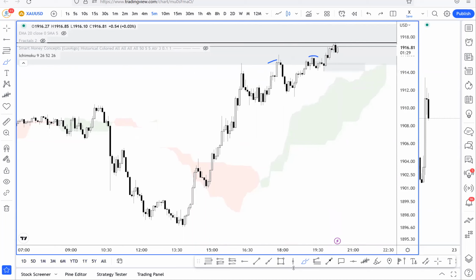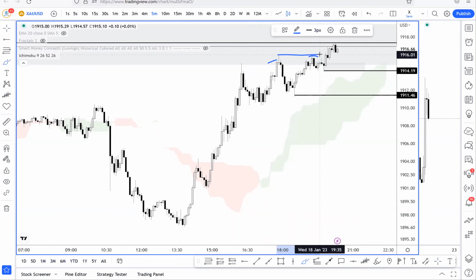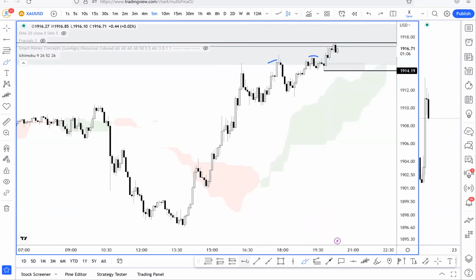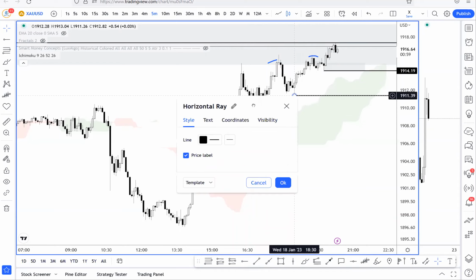So you can either wait for a break of this area itself, which is this support area here, or if you want to wait for a bigger break, it will be this low here, because this is the last low that you can see over here that broke the structure. You can classify this whole push up as a whole move up. So if you want to be more conservative, this would be the downside confirmation level. So this stands at around 1911.30.